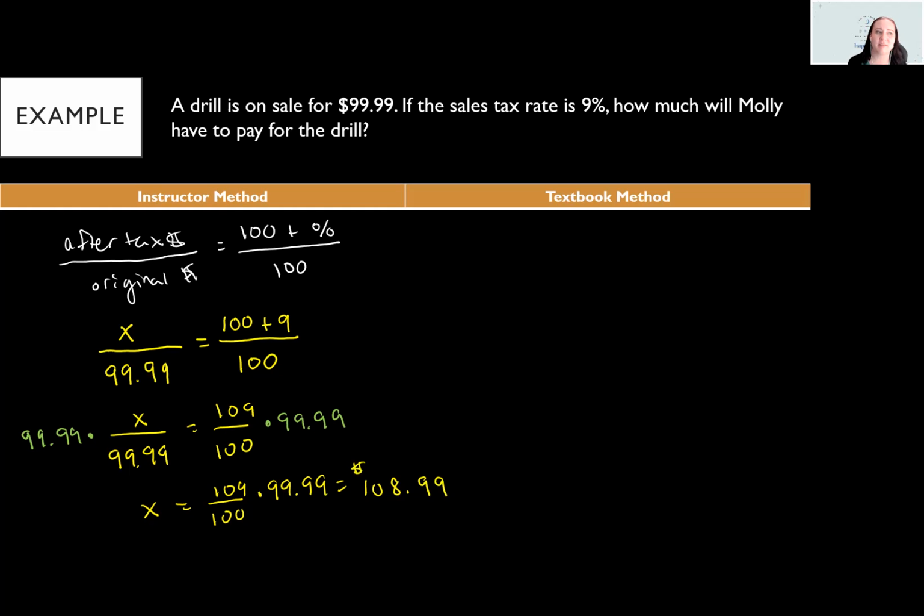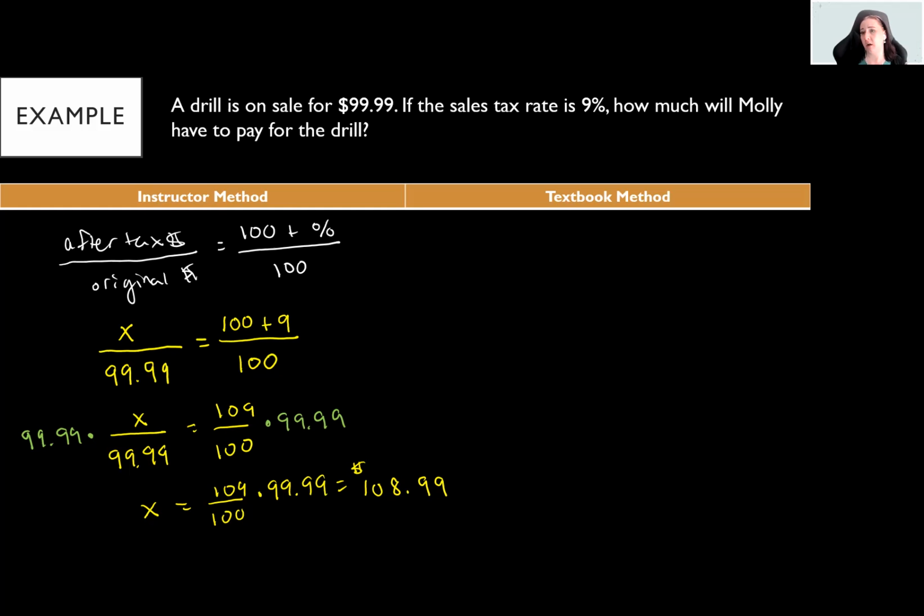So that makes sense. That's close to what you would have if the sales tax rate was 9%. So just kind of estimating and rounding, you can say, does this number make sense? And it's larger than what it was, which makes sense because we're adding on sales tax. So $108.99 makes sense based off of what we know.